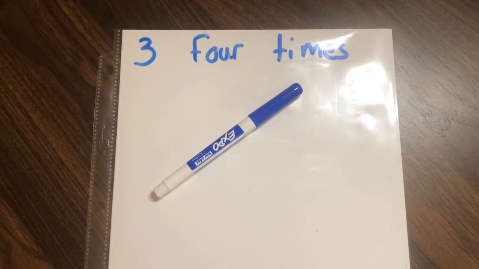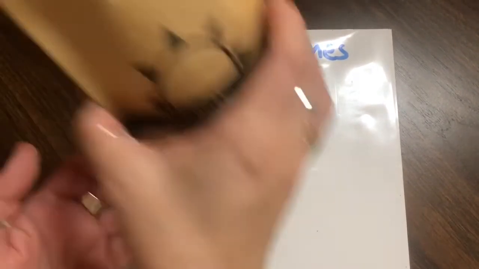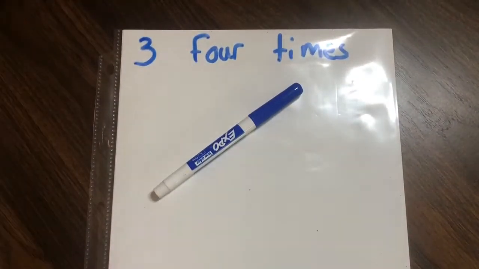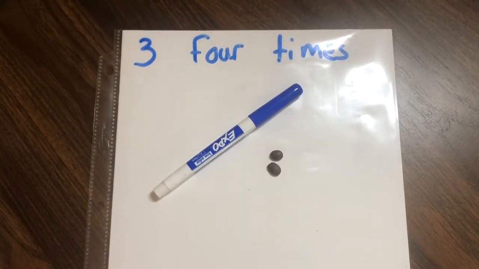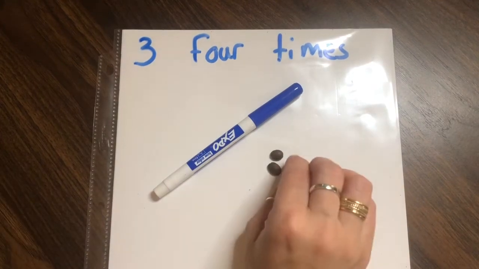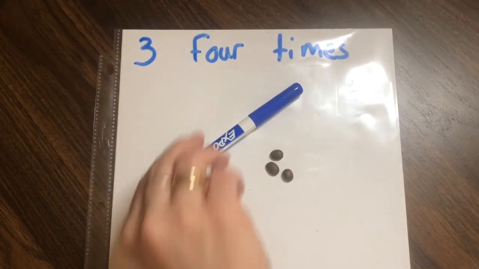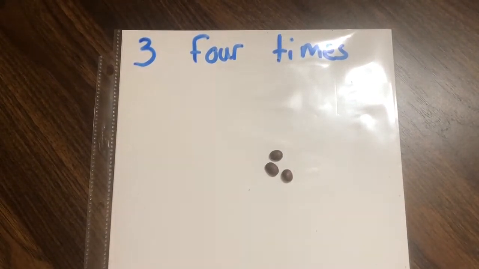Maybe your grown-ups will let you use some beans from the cabinet, or maybe you have some puzzle pieces or small toys. In my home, one thing I always have is coffee beans. Coffee beans are great counters, just like those little yellow ones you used in the classroom, only these smell much better. So I'm gonna practice skip counting by 3s.